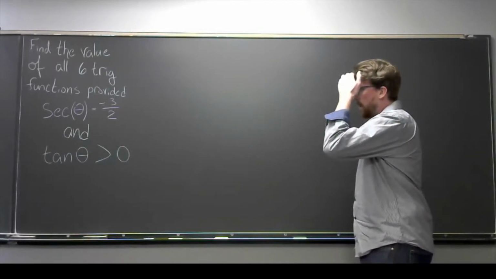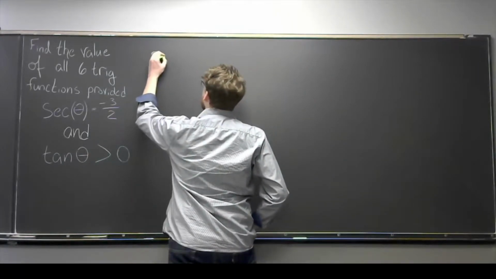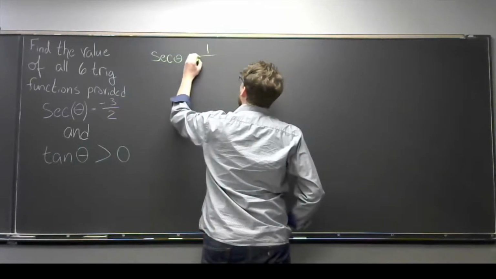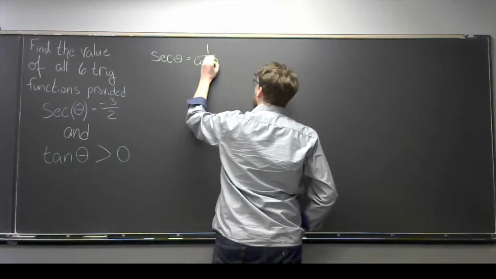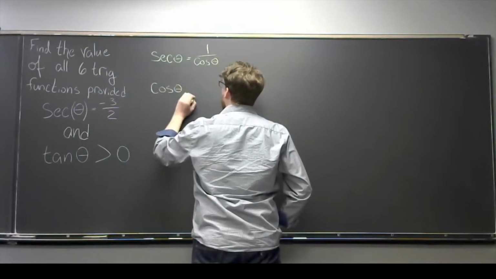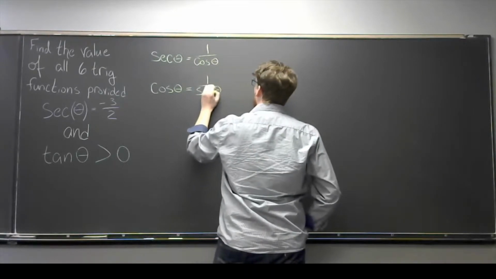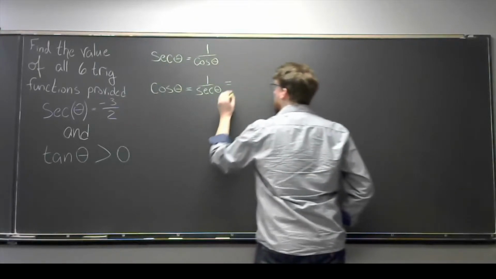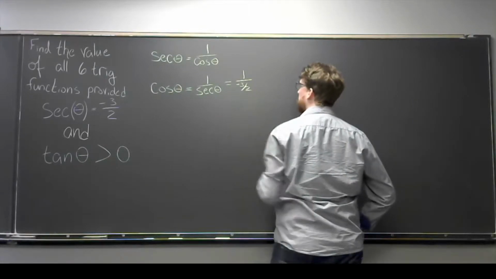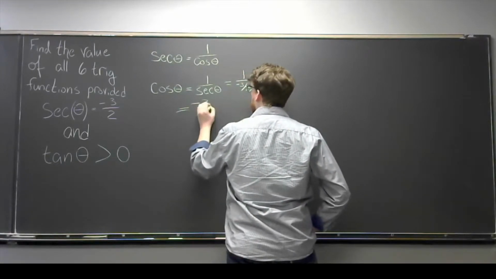Well, looking at it, we get a freebie, right? We know that secant of theta is equal to 1 over cosine of theta. So cosine of theta is equal to 1 over secant of theta, which is going to be 1 over -3 divided by 2, or -2 over 3.